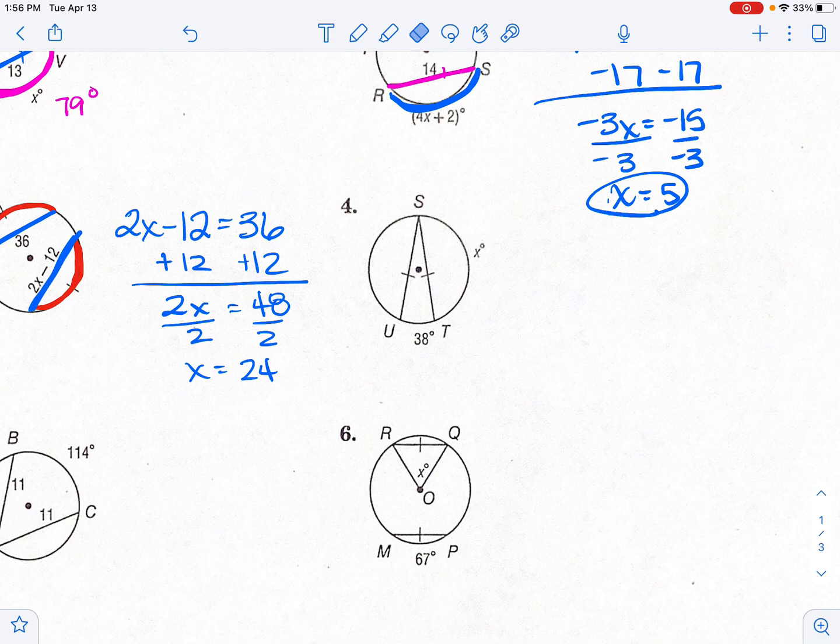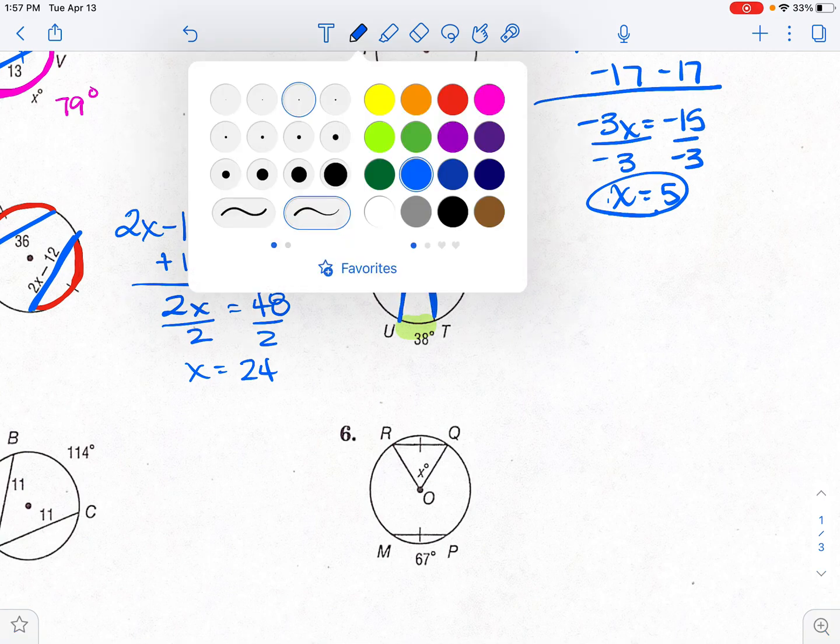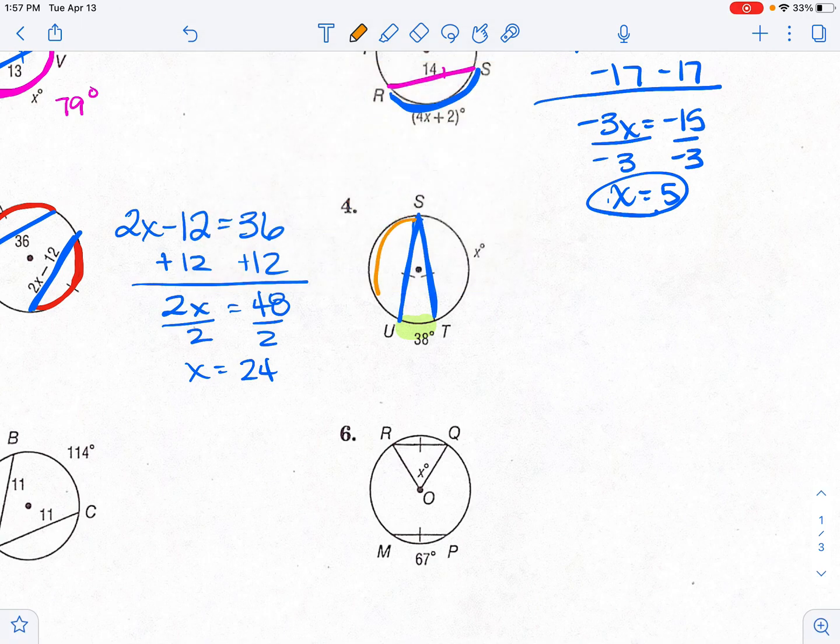Because what I'm really looking at, so 38 is just this section. If I get rid of that, then that gives me two chords that are congruent, and two arcs that make up the two different sides.